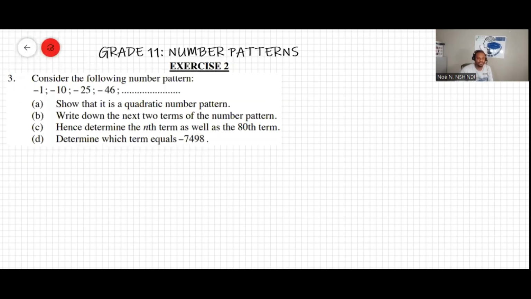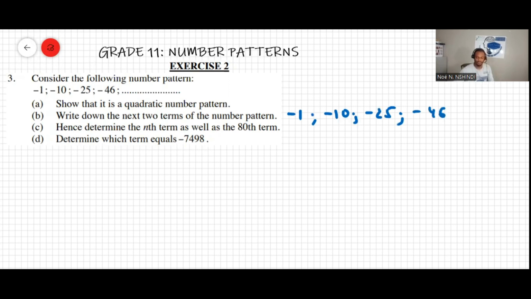Well, we have another question here, question 3. The question says consider the following number pattern, and show that it is a quadratic number pattern. The pattern is -1, -10, -25, -46.